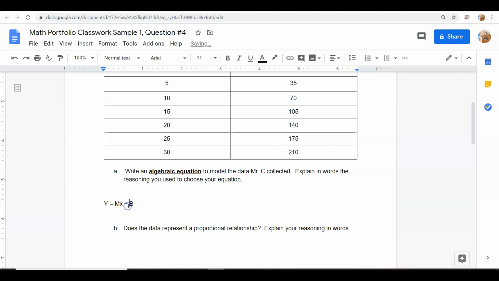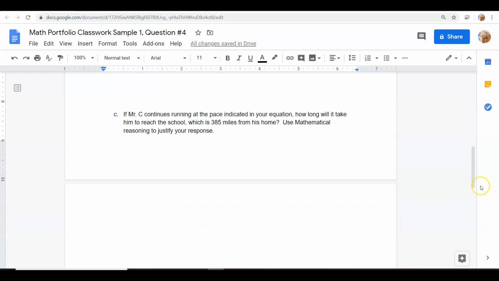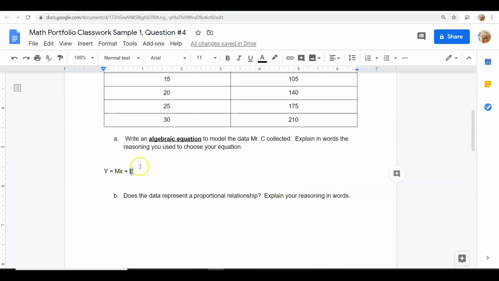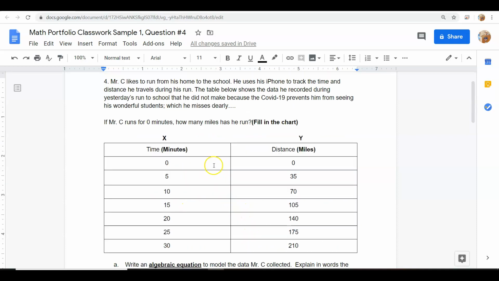And of course, if you're not familiar, this is the slope-intercept equation, meaning that y is equal to the slope, or m, times x plus the y-intercept, which is represented by b. That is for a different lesson though, and we're not actually graphing in this one, but I just wanted to use that to show you what an algebraic equation would look like.